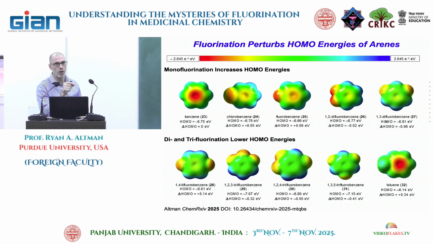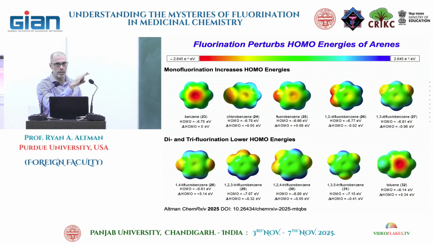So those catalytic processes for these simple model systems are anticipated to be very similar. When you start to get down to trifluorinated substructures, 1,2,3, 1,2,4, 1,3,5 trifluorobenzene, that's where you start to see a little bit more of a notable decrease in the HOMO values. You see more of a green color in there.